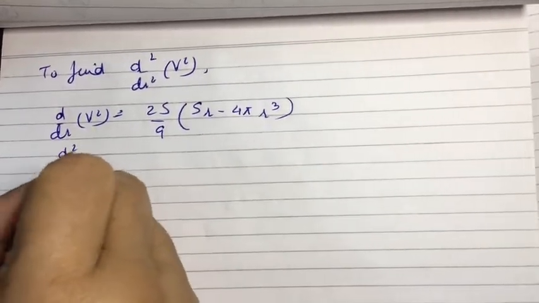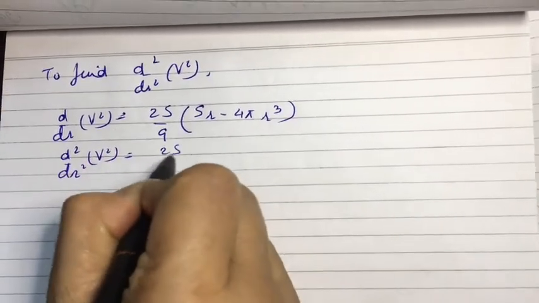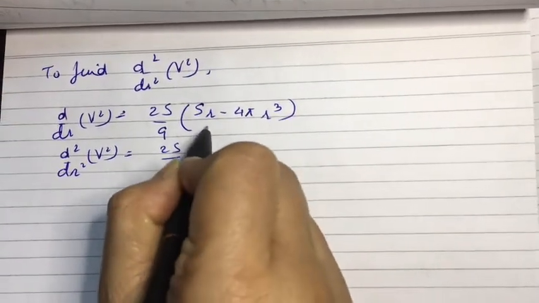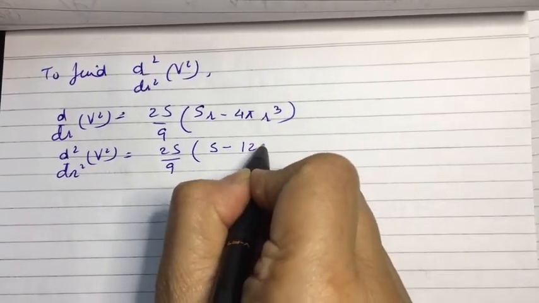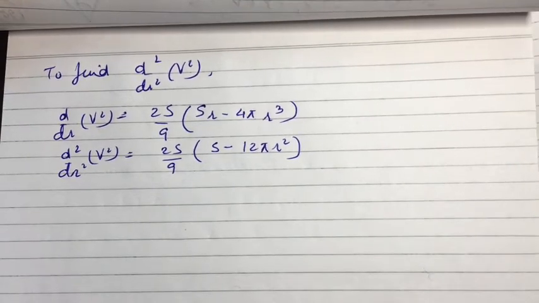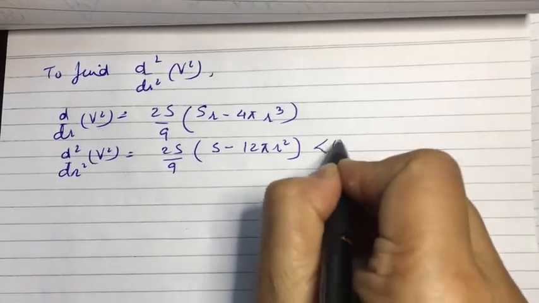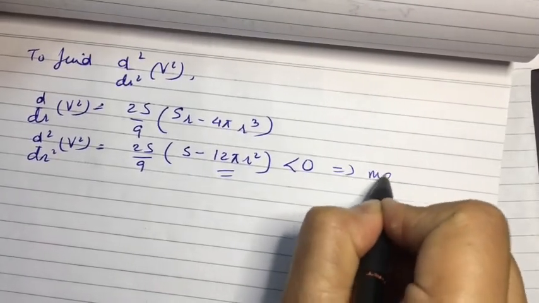So therefore d2 over dr2 of v square comes out to be 2s over 9 into s minus 12 pi r square, which is definitely less than 0 because this part is much bigger, and which implies maxima.